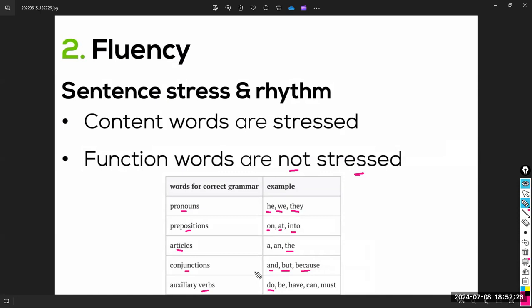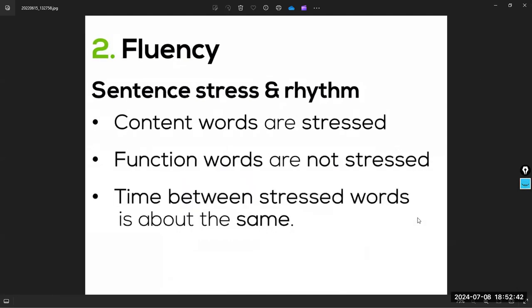What is important is to stress the noun, for example. So this is why you don't have to stress the auxiliaries. But as we noticed in the previous page, you only have to stress them if they are negative.